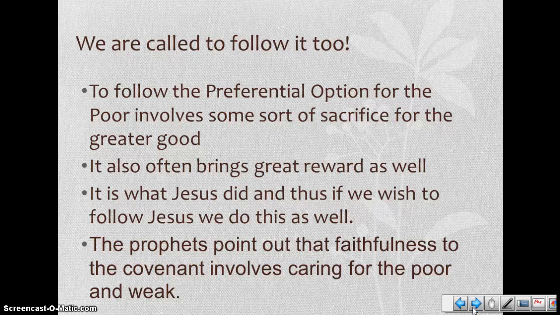This is what Jesus did, and thus if we want to follow Jesus, we are called to do this as well. The prophets point out that faithfulness to the covenant involves caring for the poor and the weak, or as I often point out, the widows and the orphans, the people who are in most need. Again, remember, preferential option for the poor means helping those who are most vulnerable or most in need. It doesn't mean we don't help anyone else. It just means we start where the need is greatest.